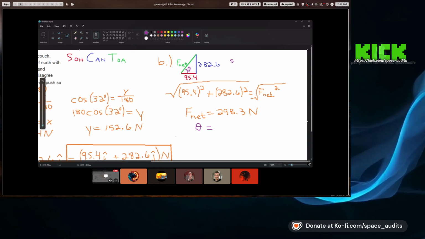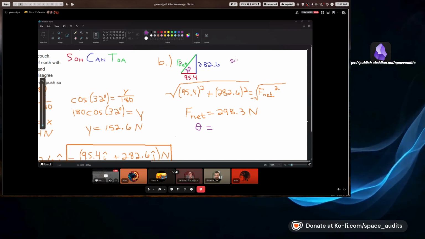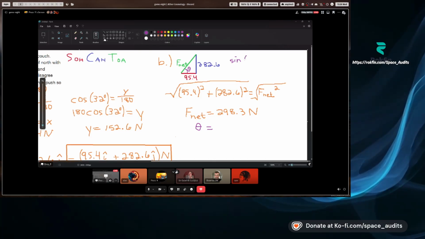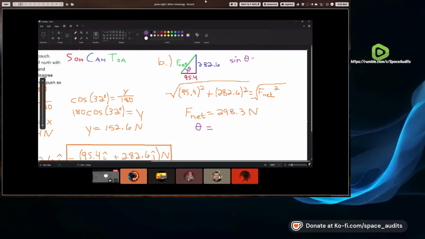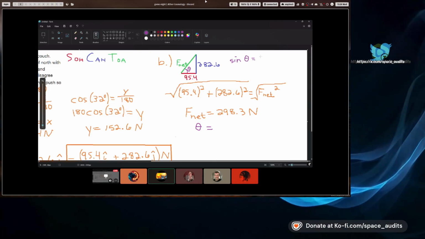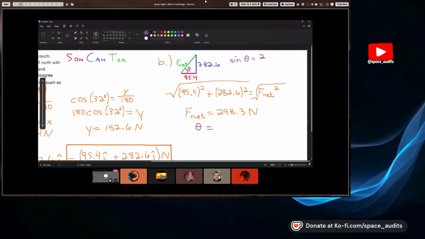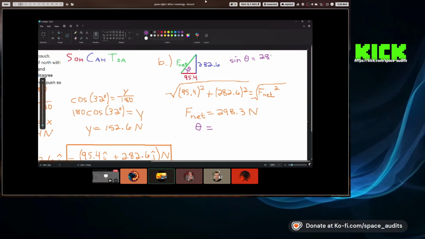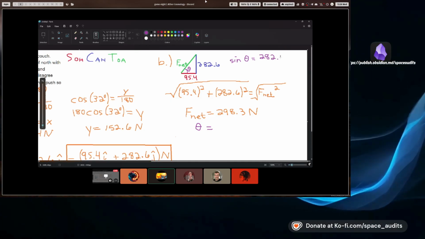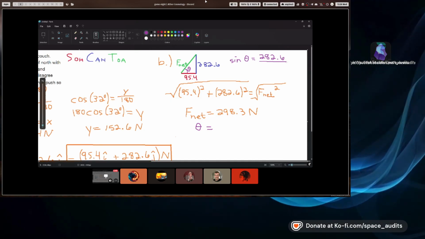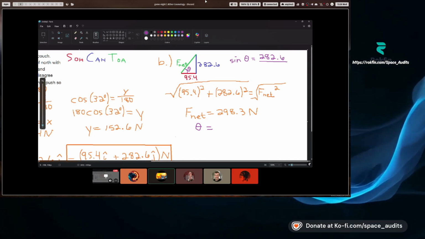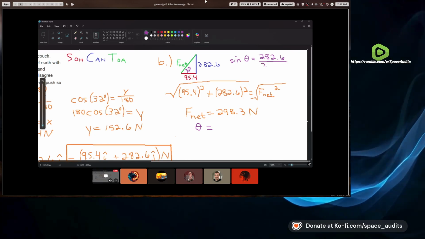So sine theta equals opposite, which is 282.6, over F net, which is 298.3.